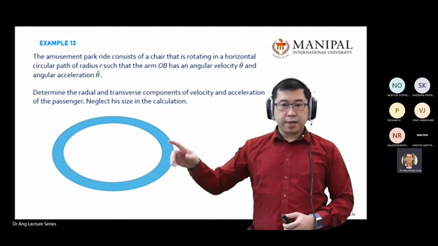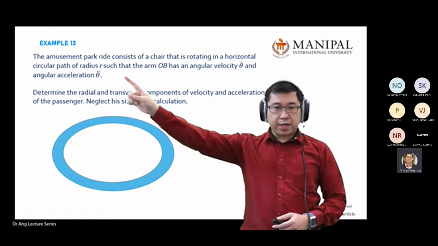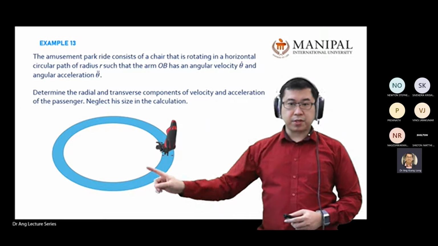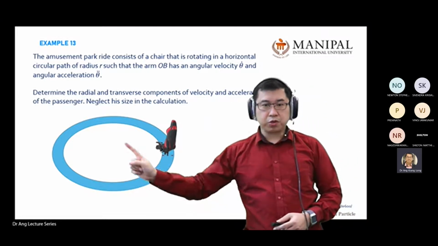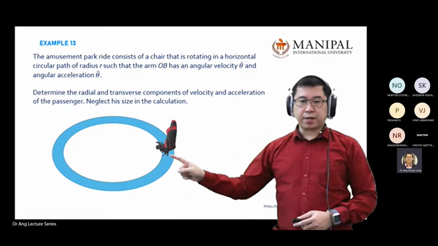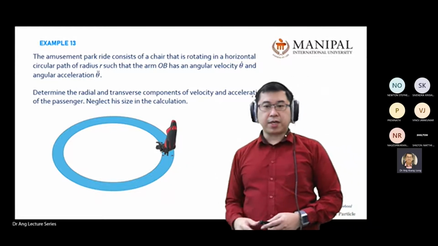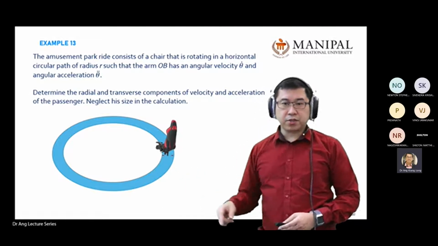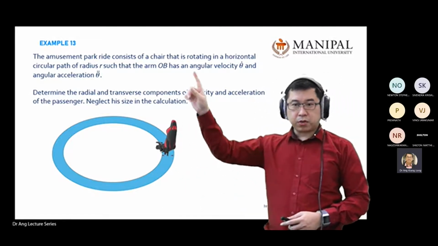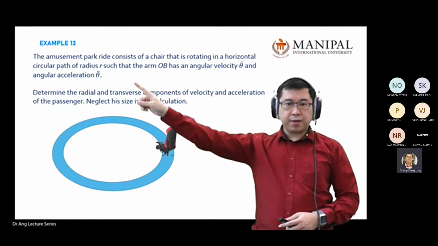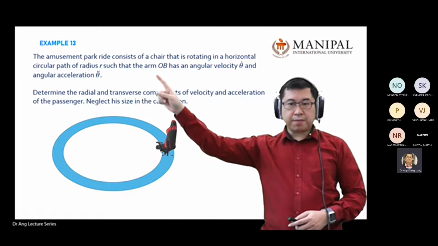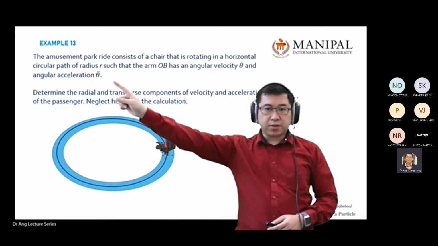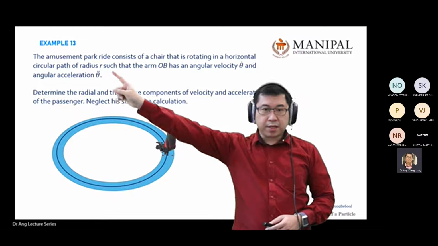So you are given an amusement park ride that consists of a chair. You know that when you go to an amusement park, there is a game where you go in and the chair rotates. In this case, the chair is travelling in a circular motion, rotating in a horizontal circular path with a radius r, such that arm OB has an angular velocity and angular acceleration theta double dot.